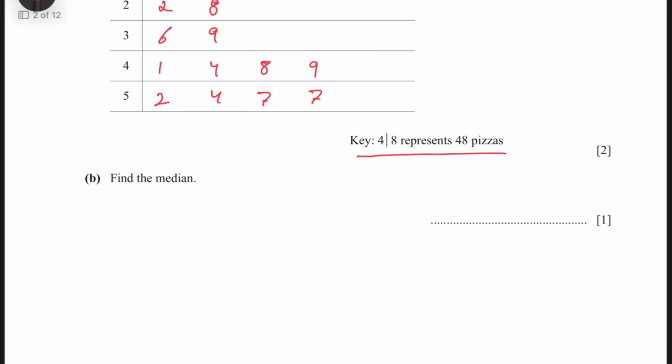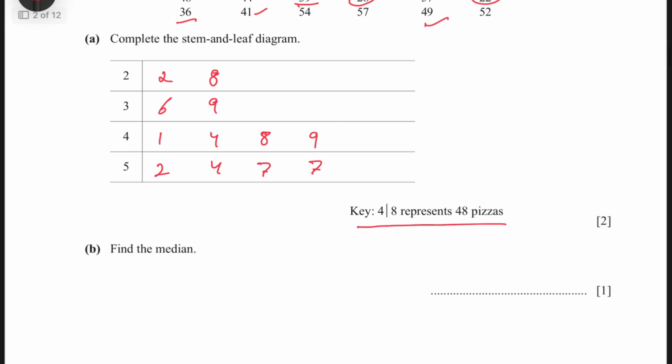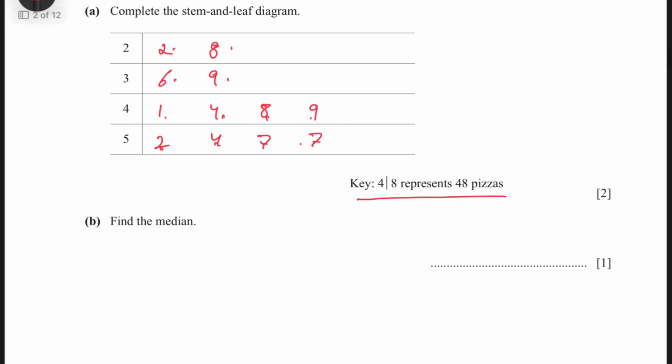Now find the median. So what will be the median? See, how many are there? Just count them: 1, 2, 3, 4, 5, 6, 7, 8, 9, 10, 11, 12. So there are 12 terms. We know that when there are 12, meaning an even number of terms, we take 12 by 2, which is 6. So we have to take the mean of the 6th and the 7th term, meaning the 12 by 2 and 12 by 2 plus 1th term.